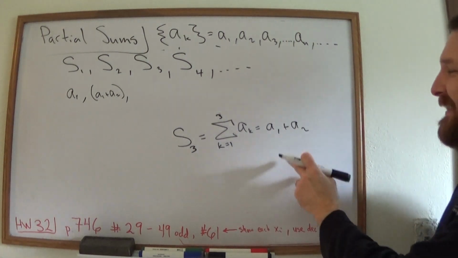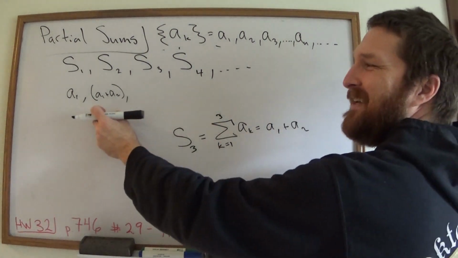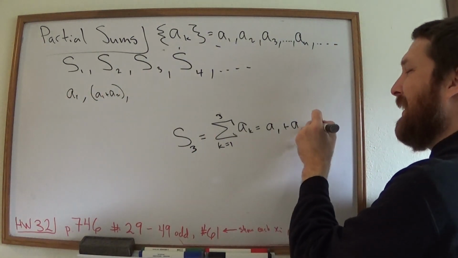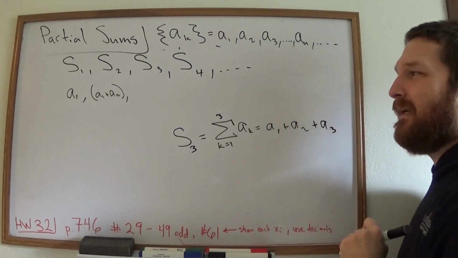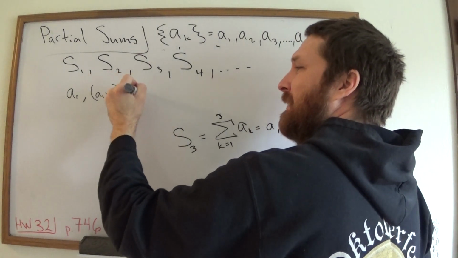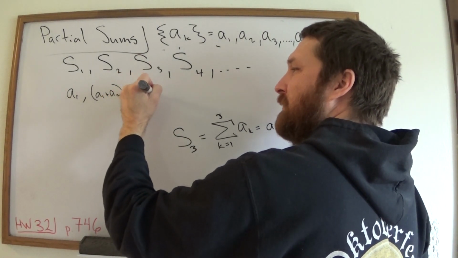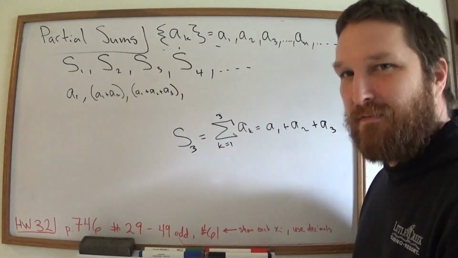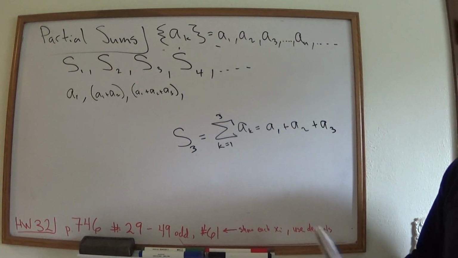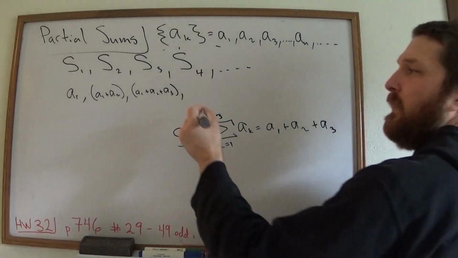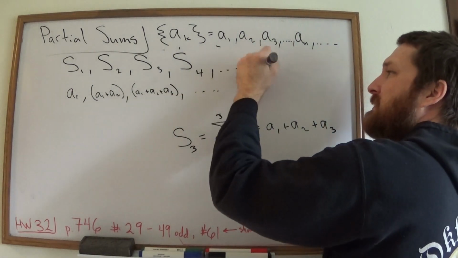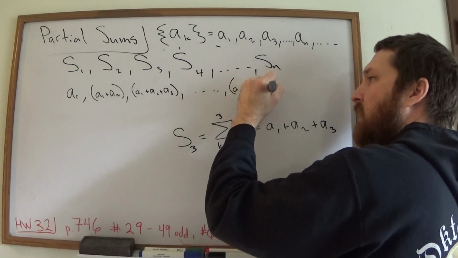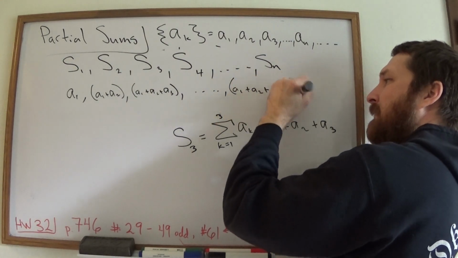You'll notice that the only thing that changes each time is you're just adding one extra term onto the end. That'll be nifty when you have to compute these things. So it's just something to notice. That's all that's going on here. And you go all the way up to, let's say, S of n. The nth sum is just a1 plus a2, all the way up to an.